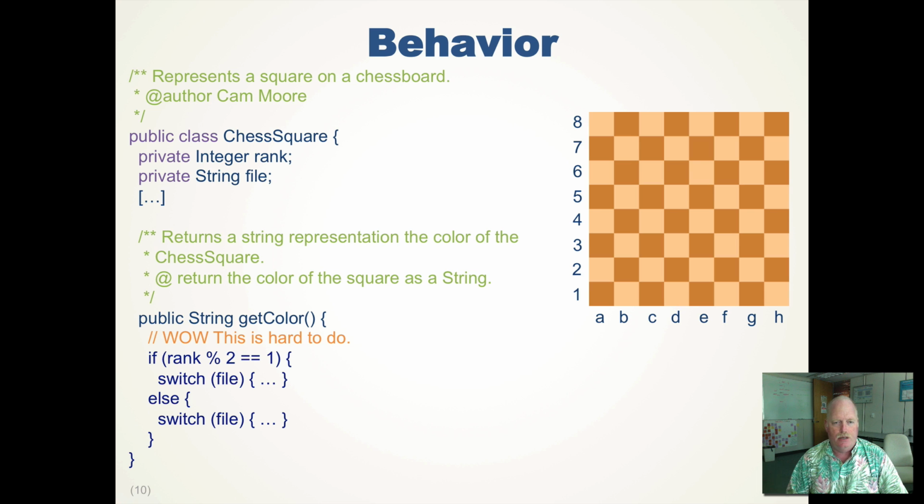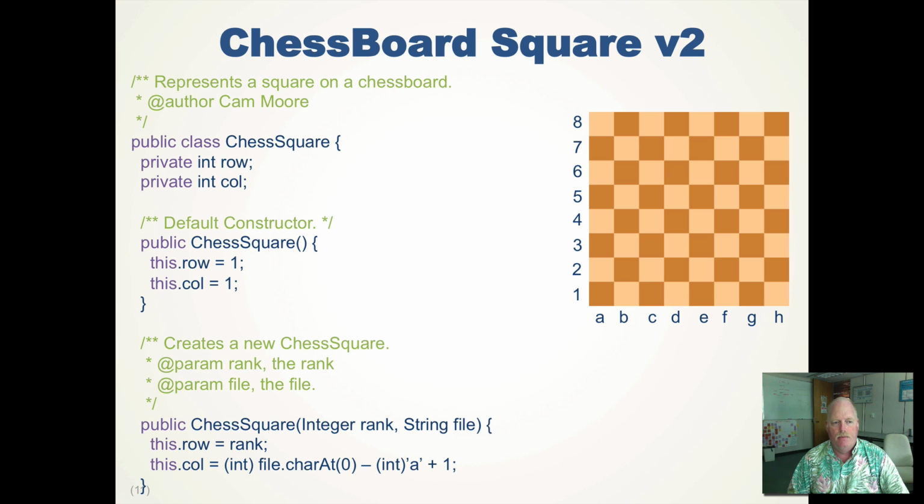So what if I decide to change my implementation of this chess square? For example, what if I change the row to be an int, and the column to be an int? Now that doesn't change the outside representation. So we still want to have the integer rank and the string file. So now the default constructor is 1 and 1.